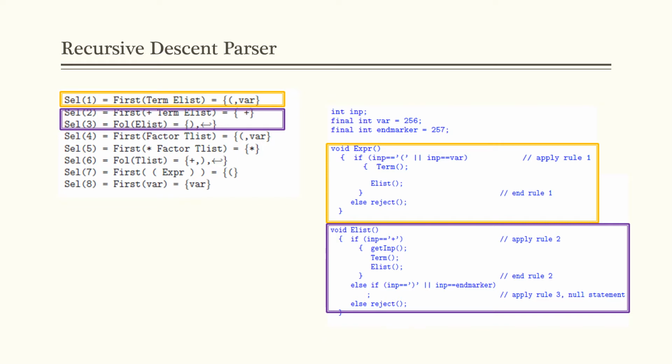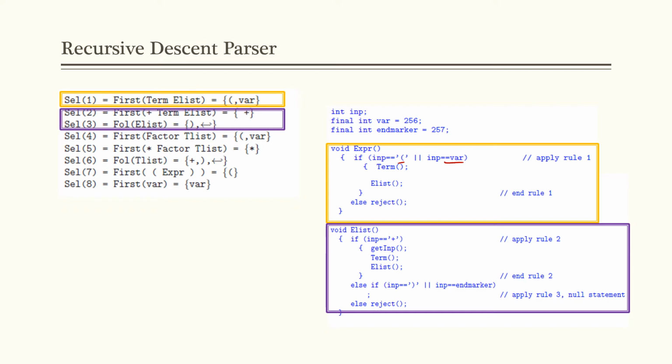For example, for the first rule, expressions: under expressions, you need the input open bracket and var. Next, the process is term and then elist. That is the first rule, else it will reject. It will be the same for the rest of the rules.